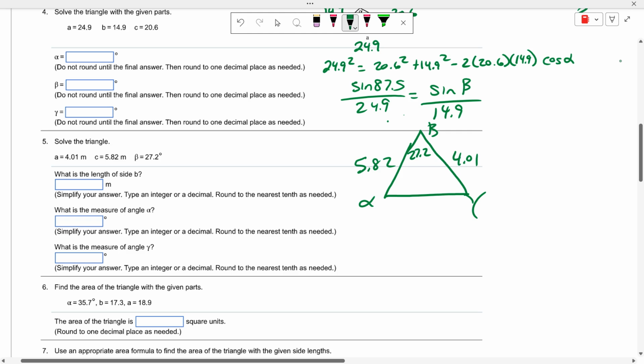Okay, since it's side angle side, it makes it easier. I want to figure out what side B is. So B squared equals A squared plus C squared minus 2 times A times C cosine of beta, which is 27.2.